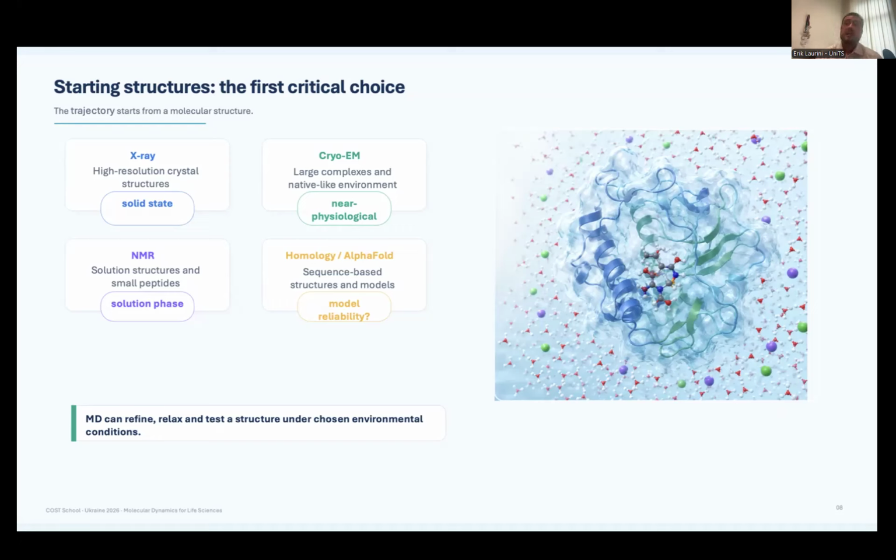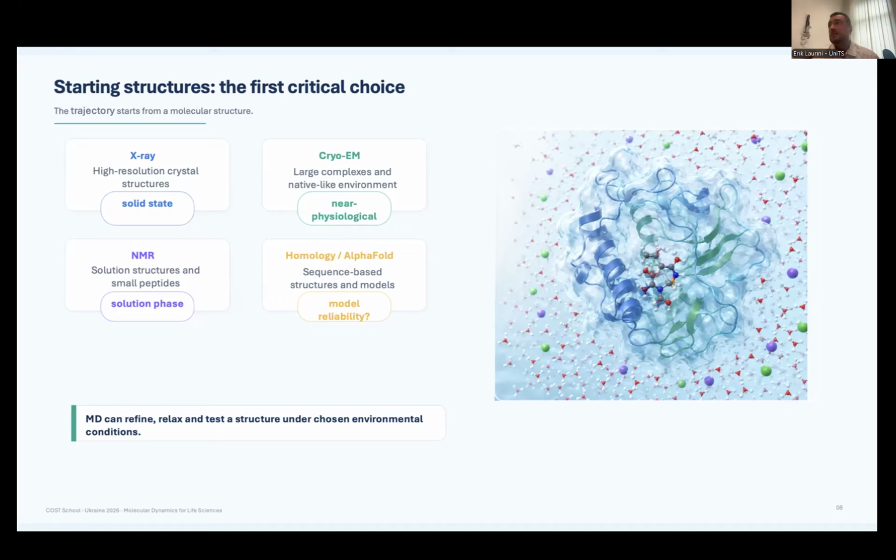Basically, the most common situation is starting from X-ray crystallography. You can find a lot of crystallography data in different databases on the internet, and you can download the three-dimensional coordinates of your structure. And this will be the starting point of your atomistic molecular simulation.